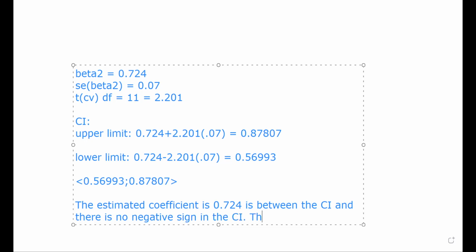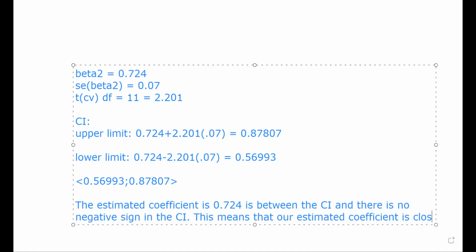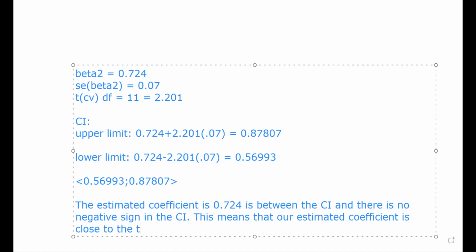This means that our estimated coefficient is close to the true value.